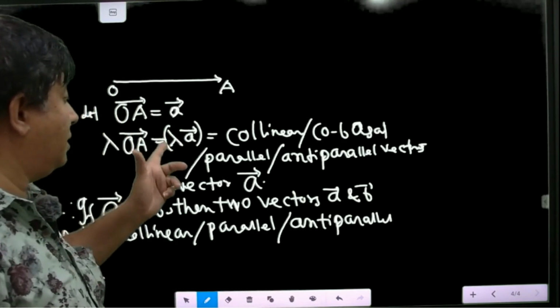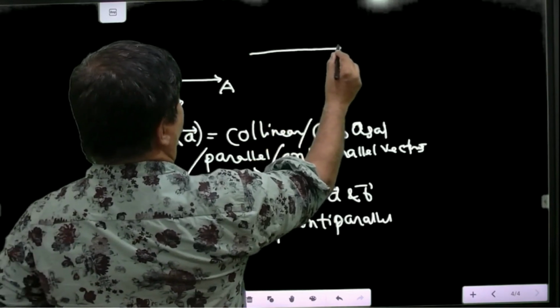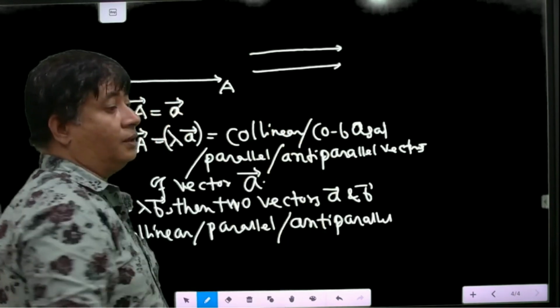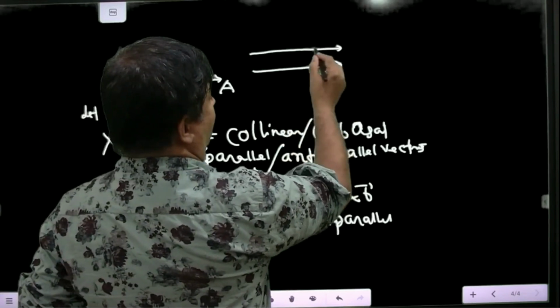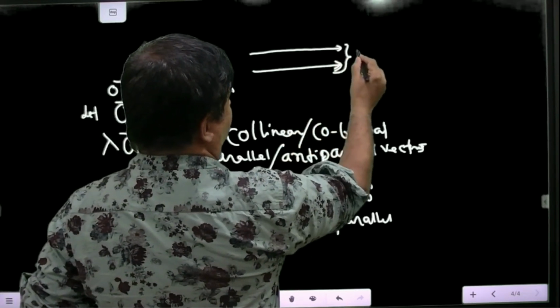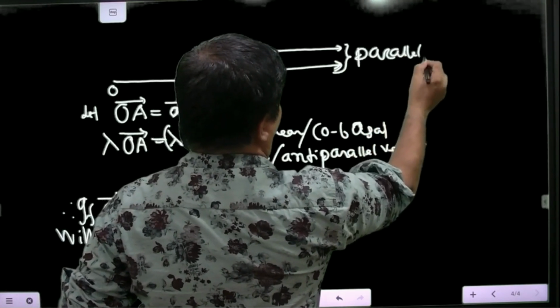Now the question is, what are parallel vectors? See, if two vectors are there, but they are not meeting with each other and their direction is the same, they are called parallel vectors.